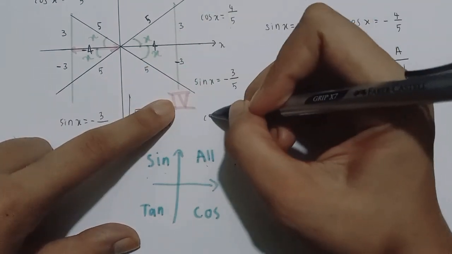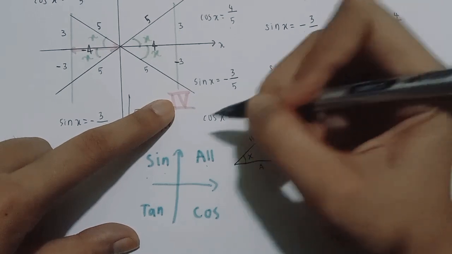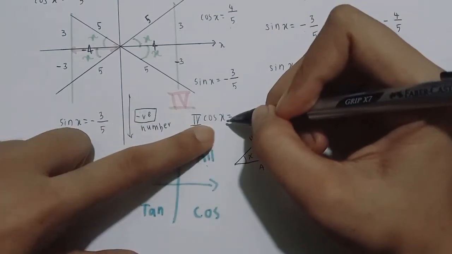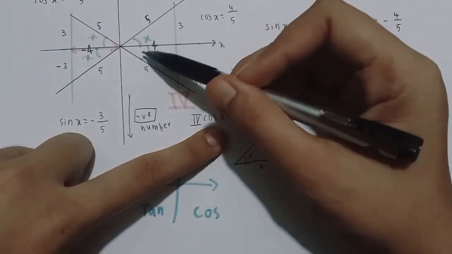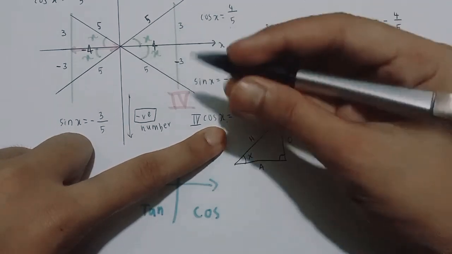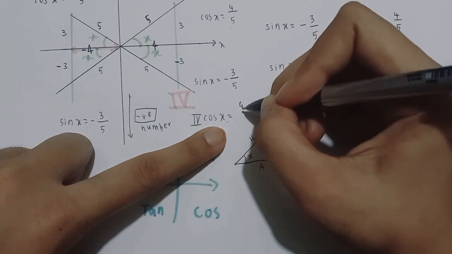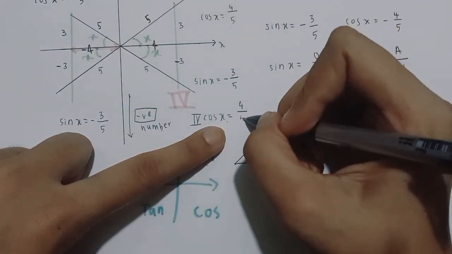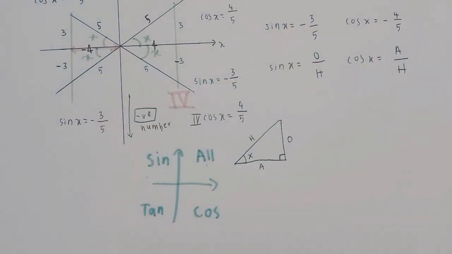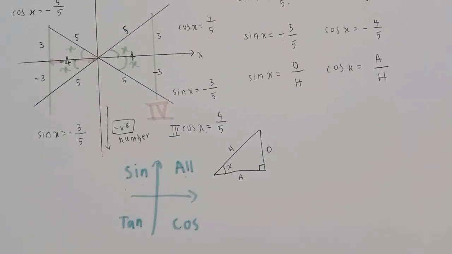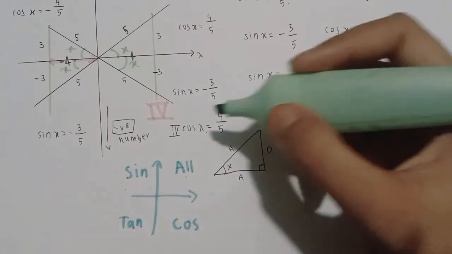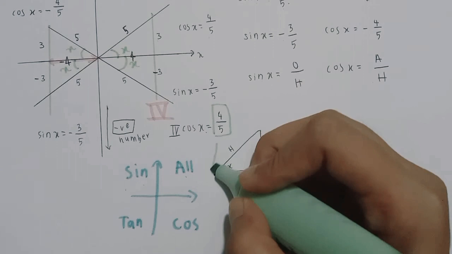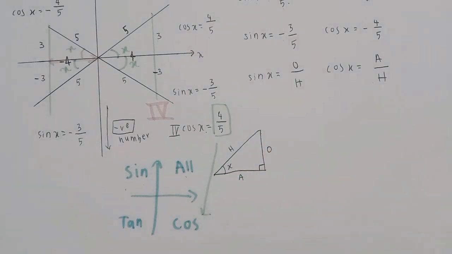If we just rewrite it in the fourth quadrant, cos x will be adjacent over hypotenuse 5. Look, it will give a positive number right here. So it is proven that here cos is positive.